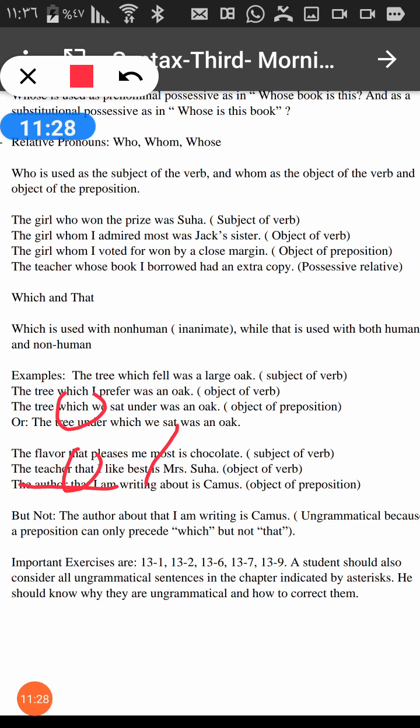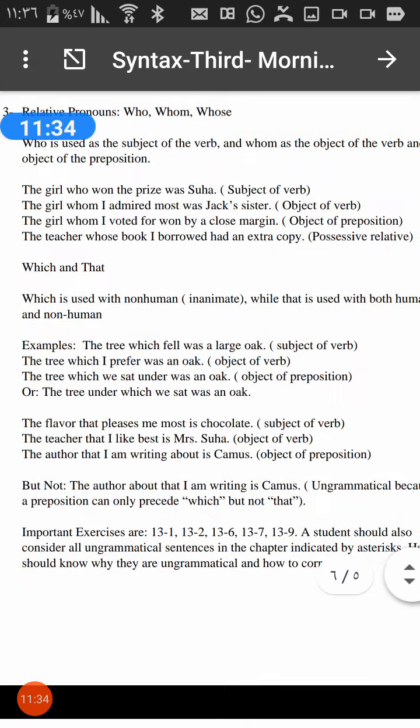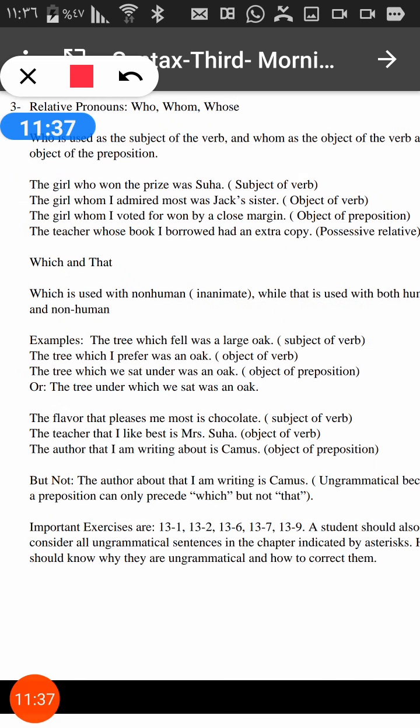And finally, it functions as the object of the preposition, as in this example: the author that I am writing about is Camus. Here, that in the third example functions as the object of the preposition.